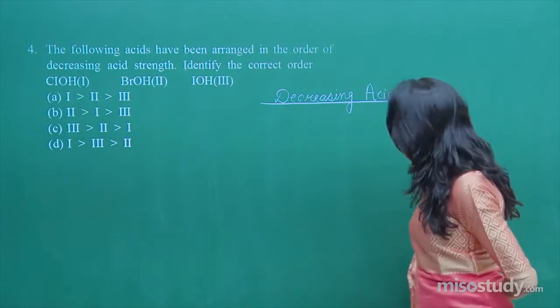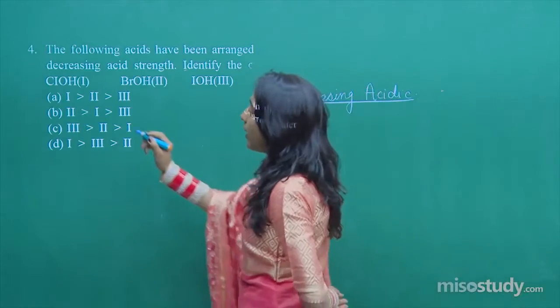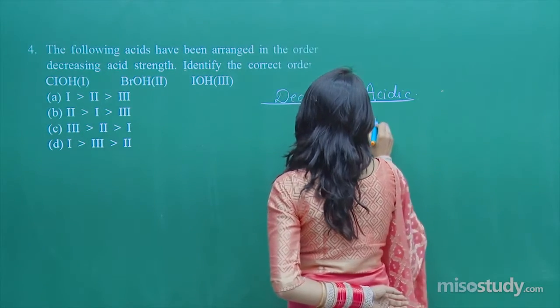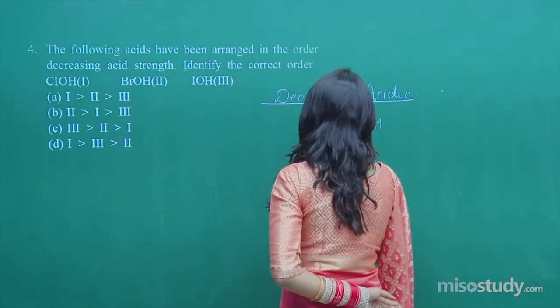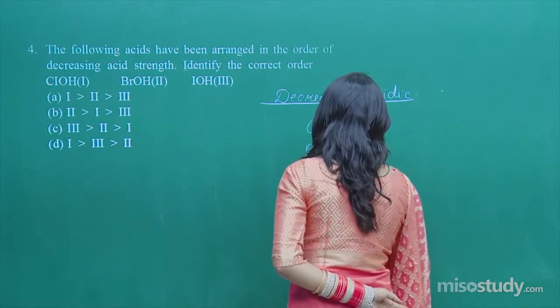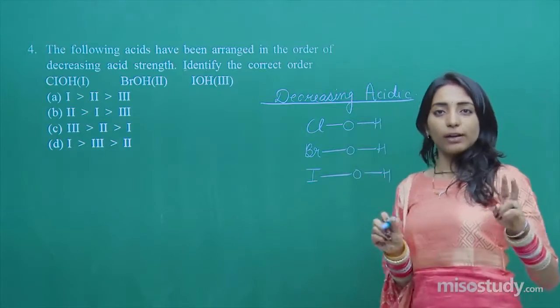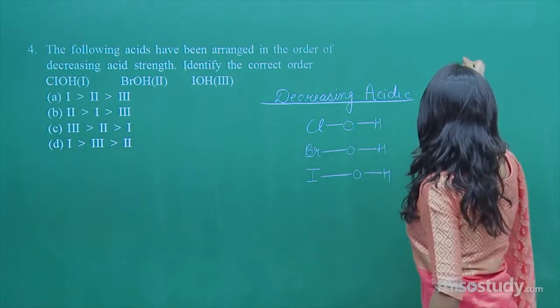You need to identify the correct order, and let's just read out the options. The first is ClOH. The second is BrOH, and the third is IOH. See, the question can be answered in two different ways. I'll start with the first method.